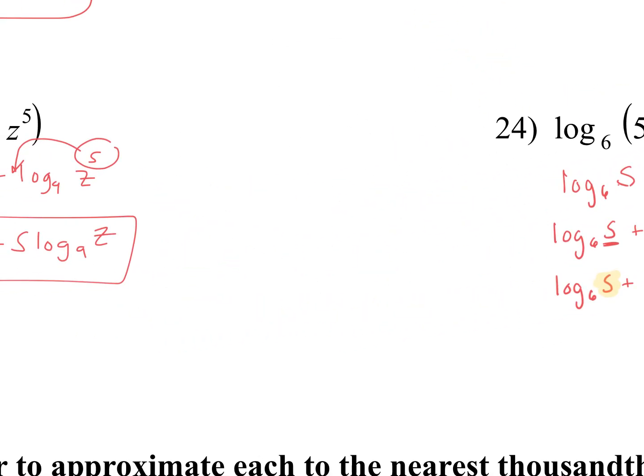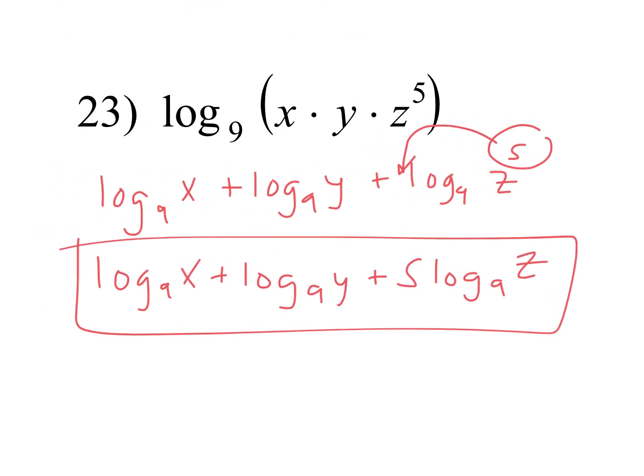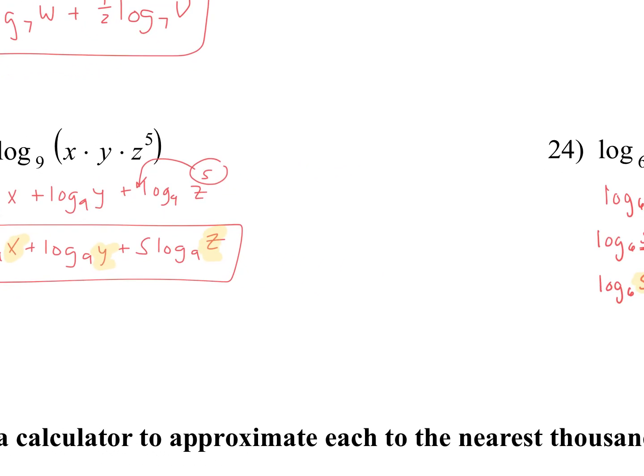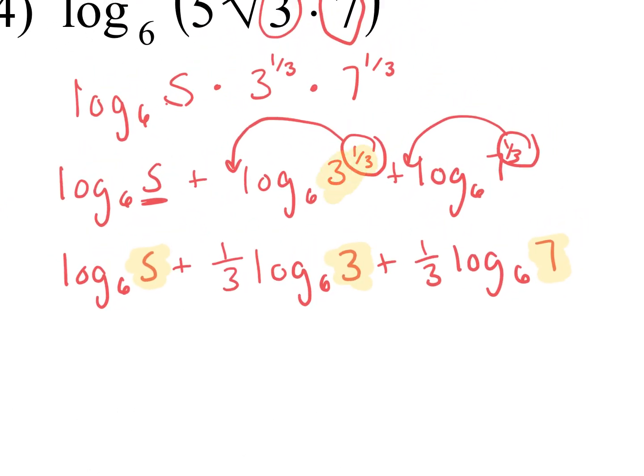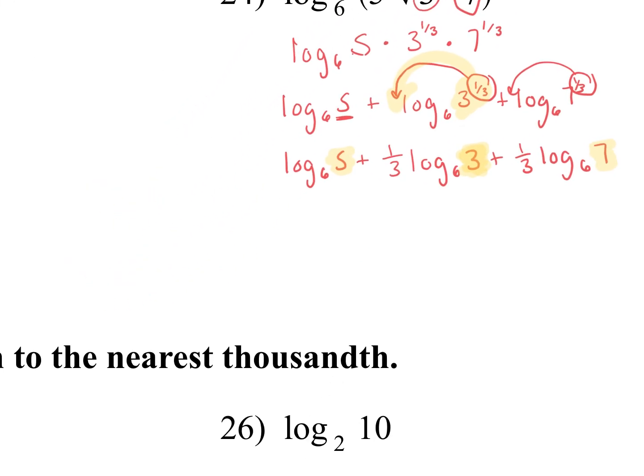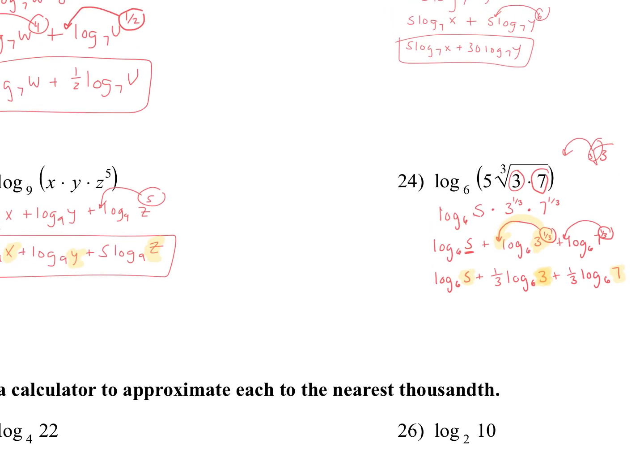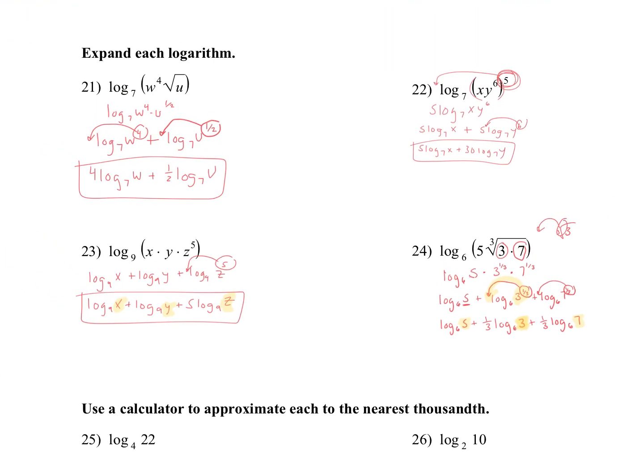So if you look here, we just have an x behind the log, a y behind the log and a z behind the log. So that's what we have to do when we expand it. So if you have 3 to the power of 1/3, you need that exponent to go to the front, so it's still just 3 behind our log. Okay, let's look. Any other questions on those 21 through 24?